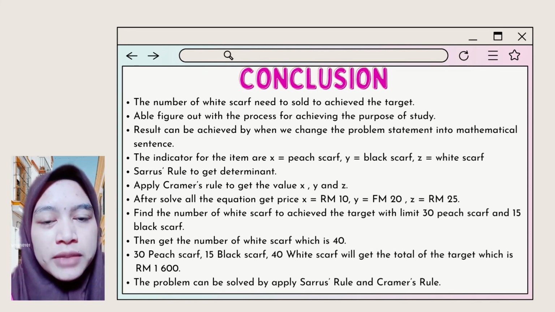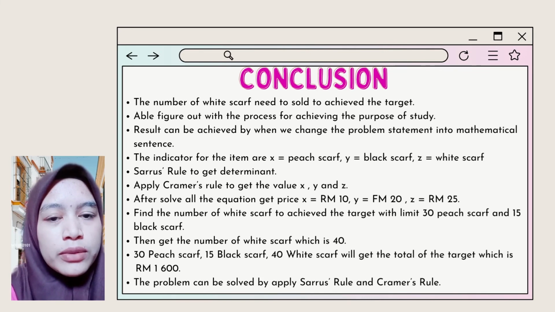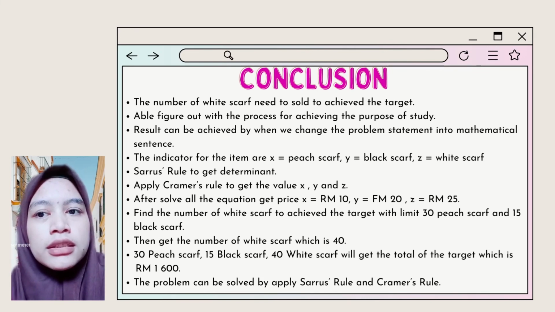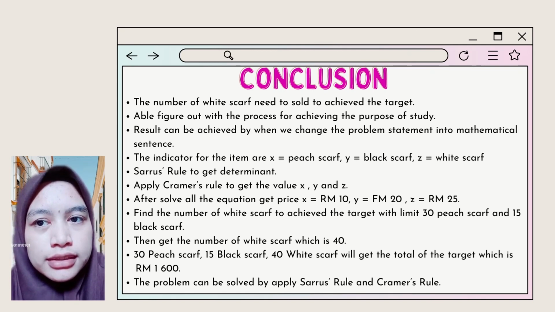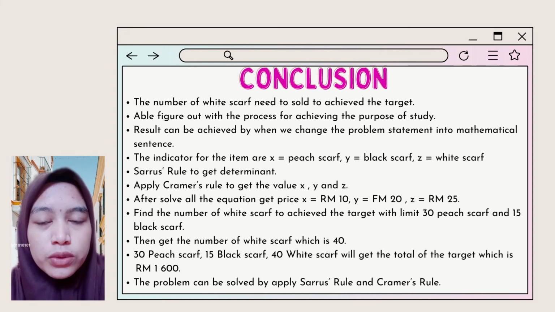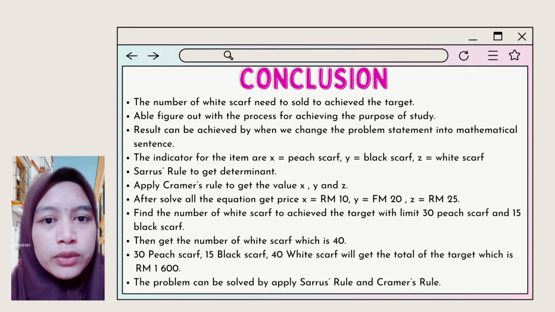The result can be achieved, but first we change the problem statement into mathematical sentences. The indicators are X equal to peach scarf, Y equal to black scarf, and Z equal to white scarf. We apply Sarrus's rule and Cramer's rule.